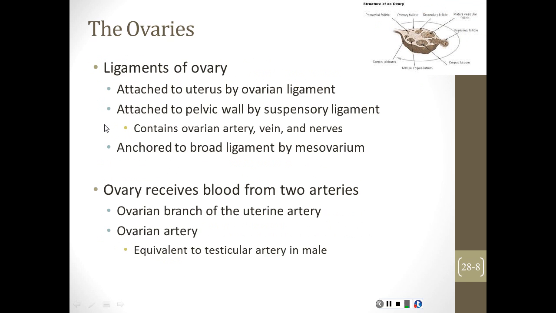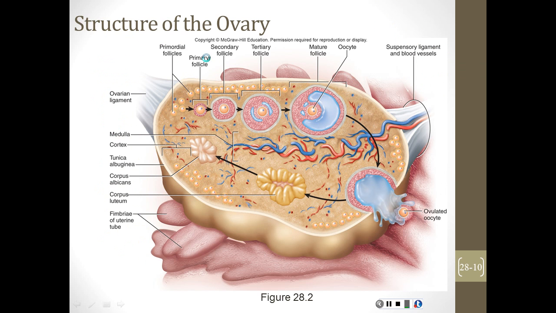So let me jump ahead to the structure. So when I'm calling out these big terms, you guys can actually see what I'm talking about. So here we have the ovary. It is shaped like an almond, and it measures about 3 centimeters long, 1.5 centimeters wide, and 1 centimeter thick.